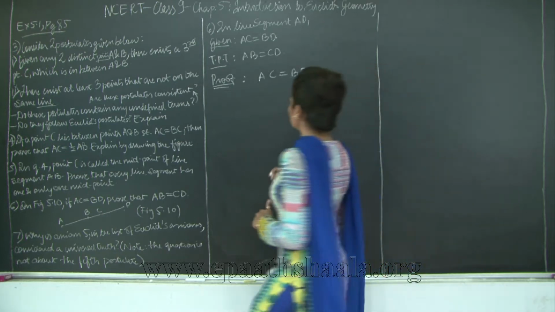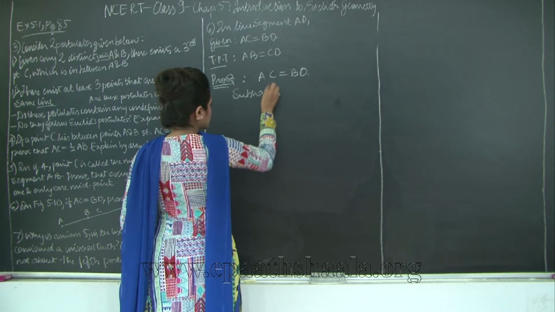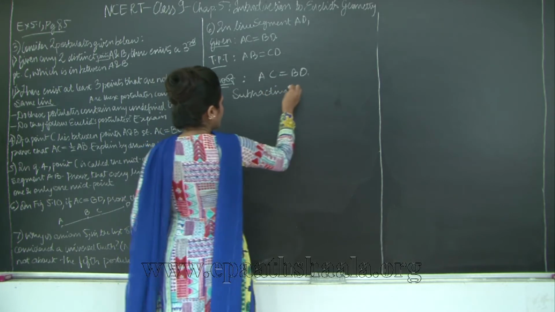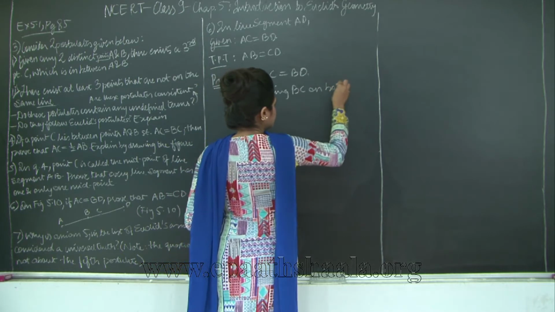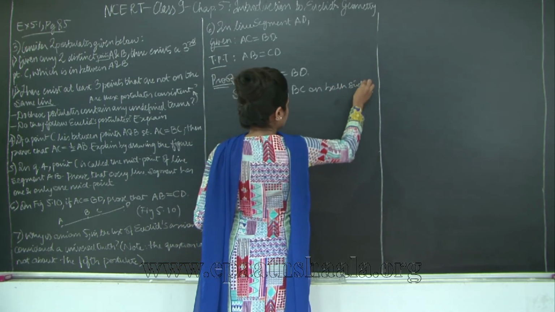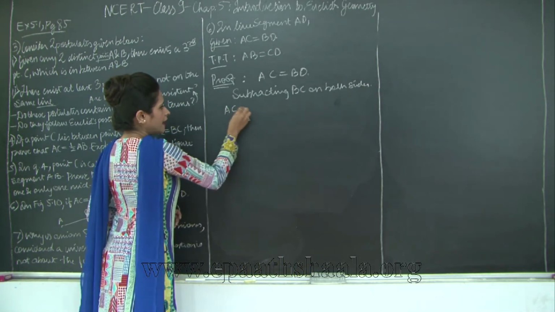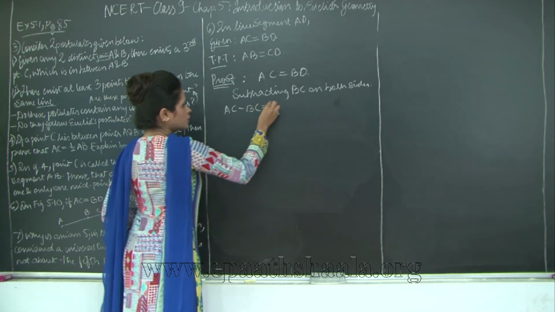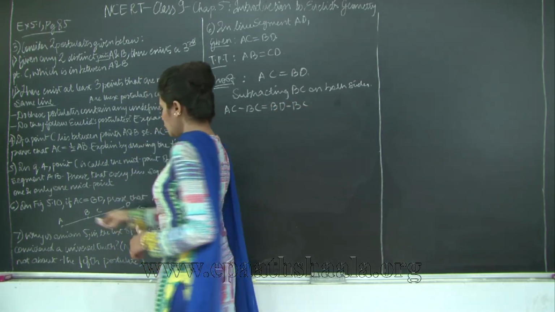So let's do this. Subtracting BC on both sides. What do we get? AC minus BC is equal to BD minus BC. So let's see.